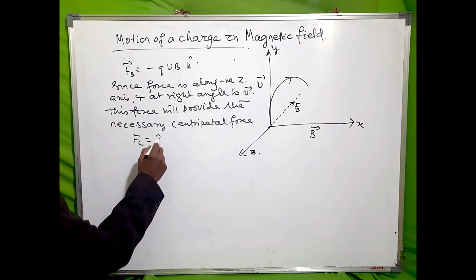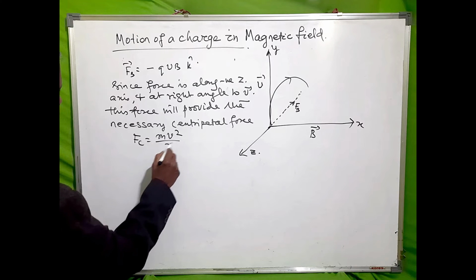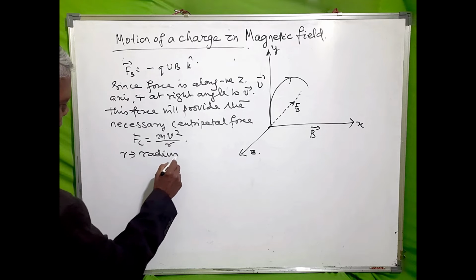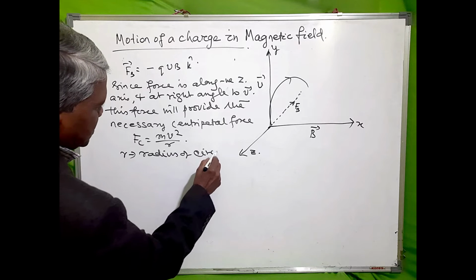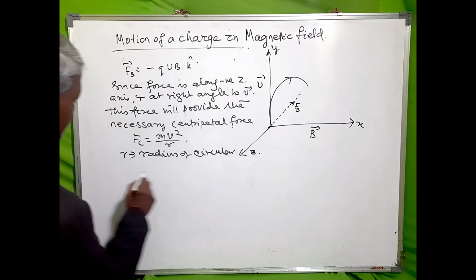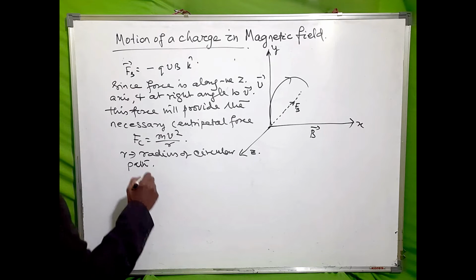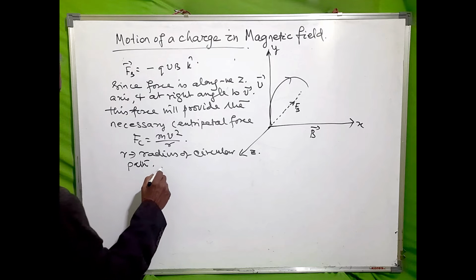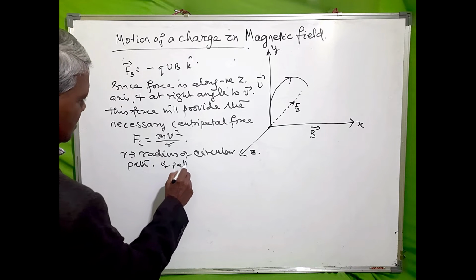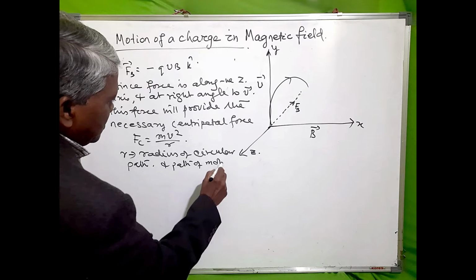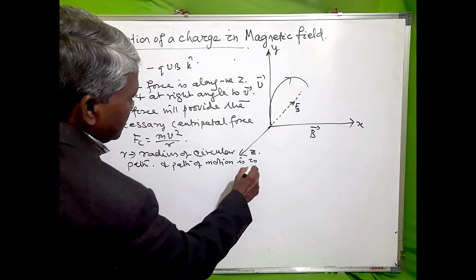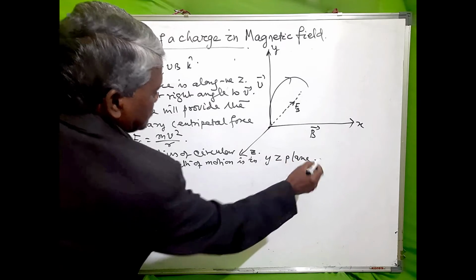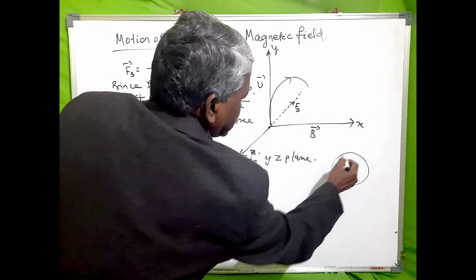Fc is equal to m v square by r, where r is the radius of the circular path, and the path of motion is in the YZ plane, because we have circular motion.